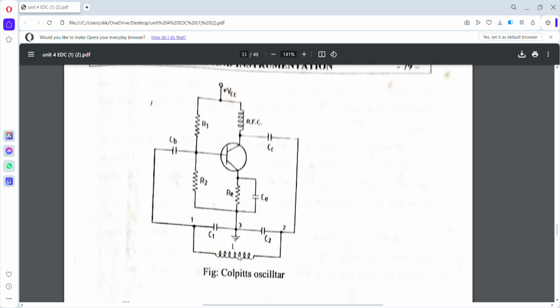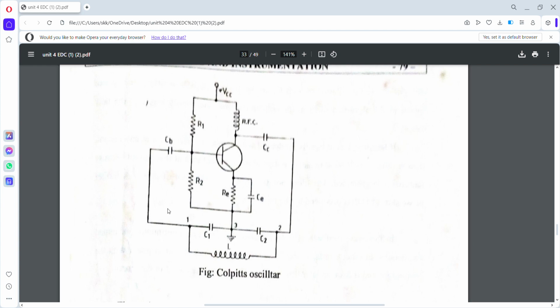In this circuit, first the supply comes and the capacitor gets fully charged. Once the capacitor is fully charged, it is discharged through the inductor. Now the inductor is fully charged, and the inductor is discharged through the capacitor. This charging and discharging produces a 180-degree half cycle.